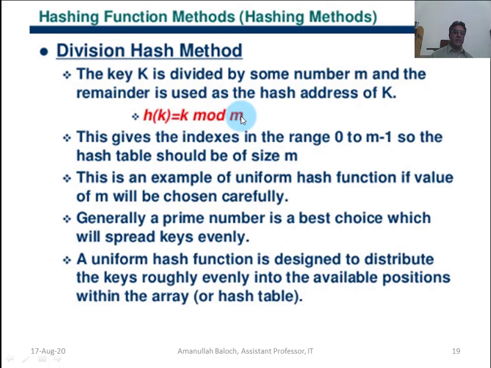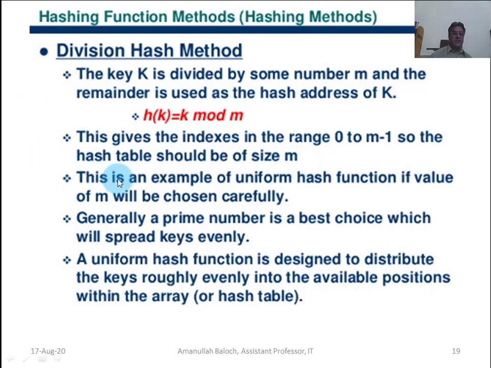H of k is equal to k mod m. This gives indexes in the range from 0 to m-1. So the hash table should be of size m or a little bit larger than m. Let's suppose m is 97, the array size may be 100.